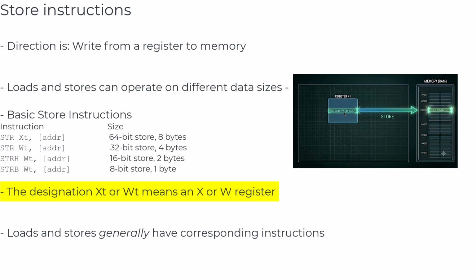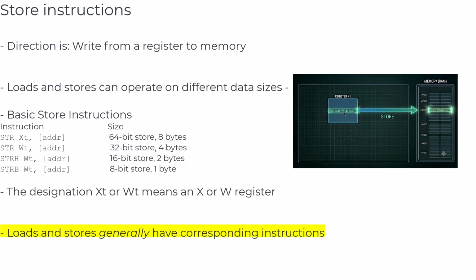So we store into the memory the register's data, and that'll be a 64-bit store with 8 bytes. Then if we specify WT, then we're going to perform a 32-bit store of 4 bytes. We can do a half-word store with STRH from the W register, and we can do a byte store with STRB. In general, the loads and stores have corresponding instructions.